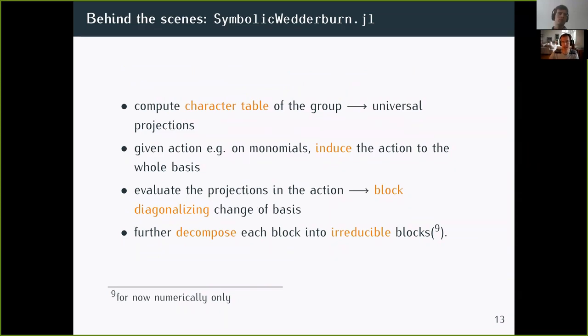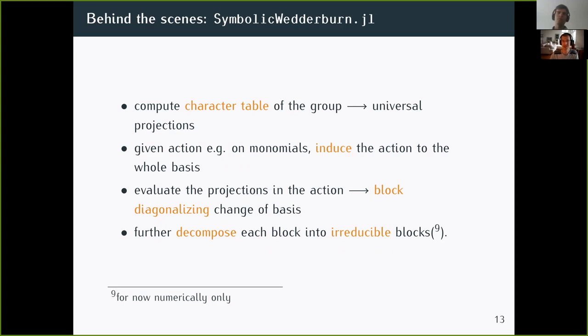So behind the scenes, what is happening? First of all, because these universal projections are related to group characters, we need to compute the character table of a group. This is done using rational ints, because symbolic in the name SymbolicWedderburn refers to the fact that all computations are symbolic. Of course, if your group is too large, you would need to step up to rational big integers, because we are going to overflow. And then, given an action on variables, as we could observe before, we induce the action.